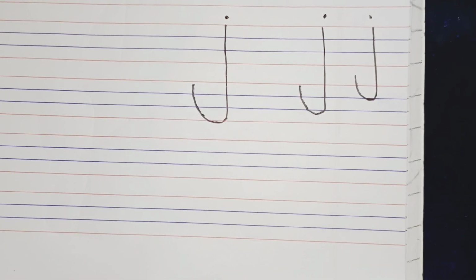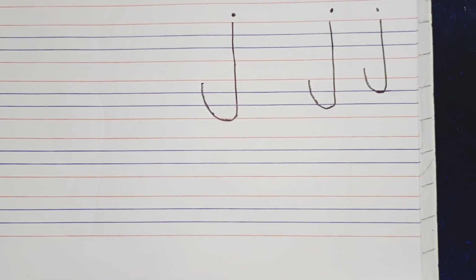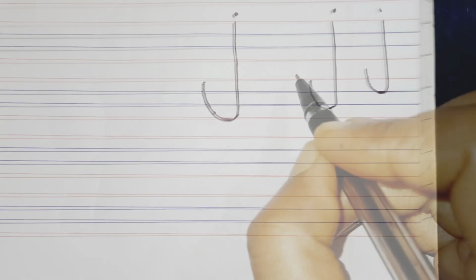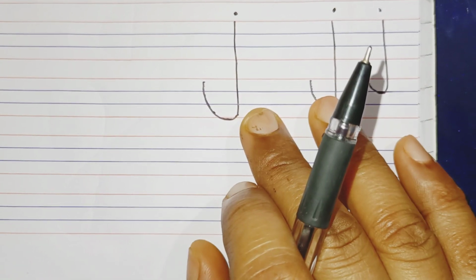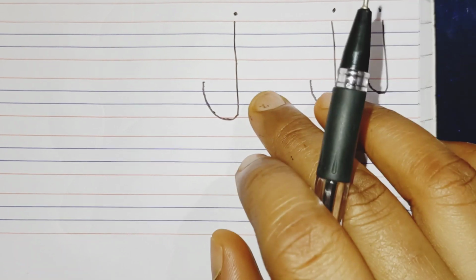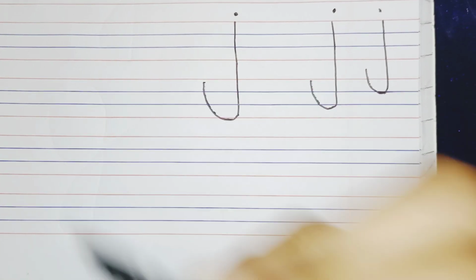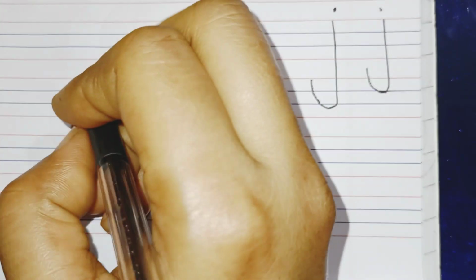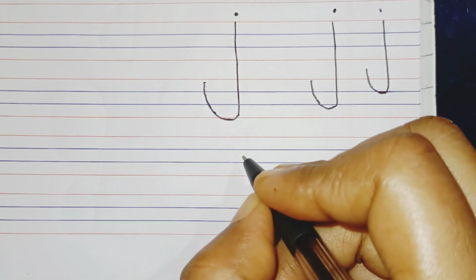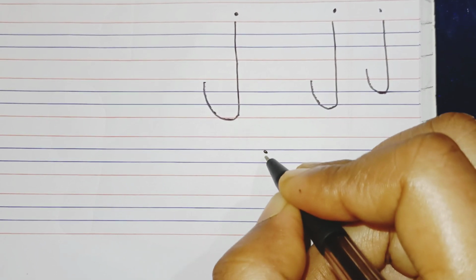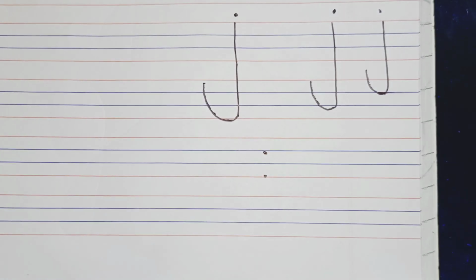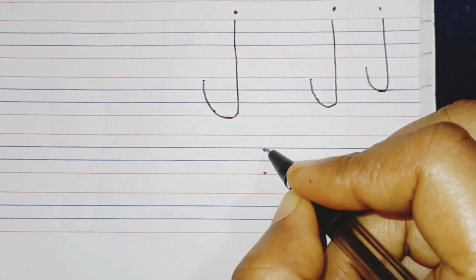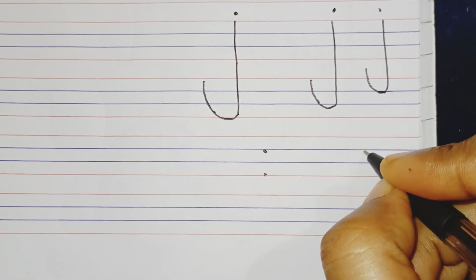After knowing the pattern of small j, now it's time to learn how to make small j between these 3 lines. For making j, we always need to follow the second, third and fourth line. That means we'll start from the second line, always.